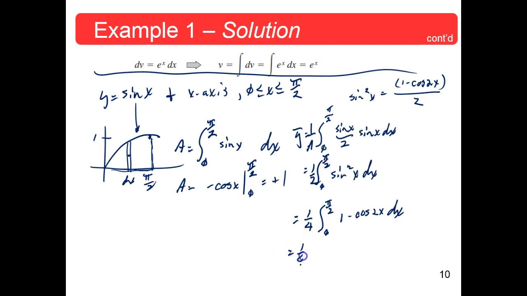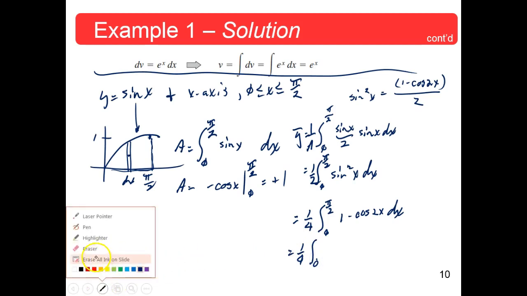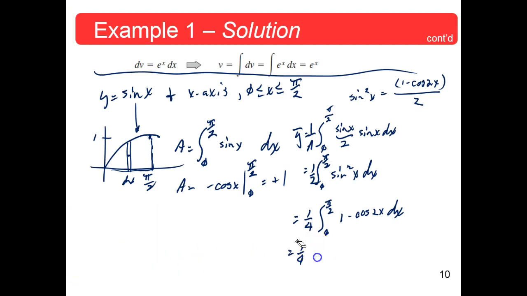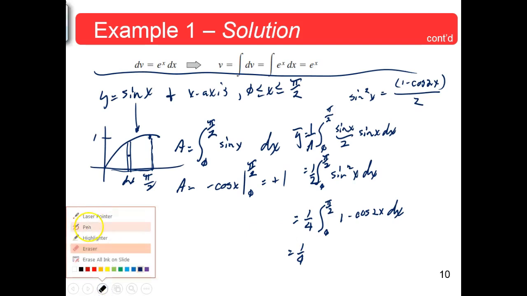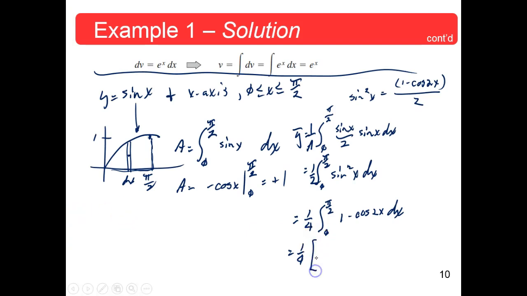So now we have to integrate that. And that would be 1/4 integral from, well, let's see. We don't need the integral sign anymore, I don't think. So let's just do the integration. And what's the antiderivative of 1 dx?